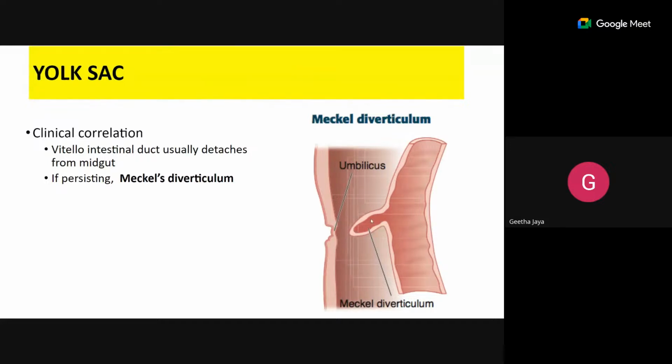Then it is called a Meckel's diverticulum, and it may present with features of appendicitis, as it may contain pancreatic tissue or lining epithelium of the stomach. So it may produce inflammation, and it may mimic appendicitis. Or it can persist close to the umbilicus alone. That is called the raspberry tumor.